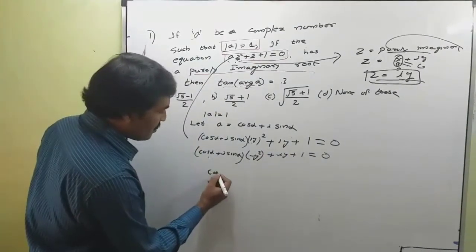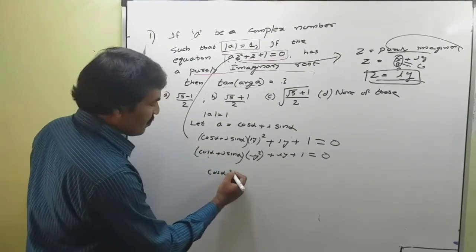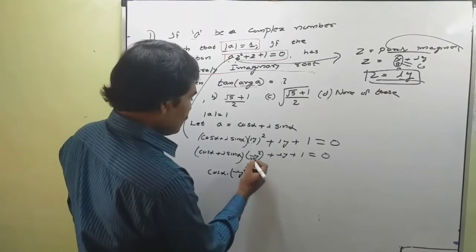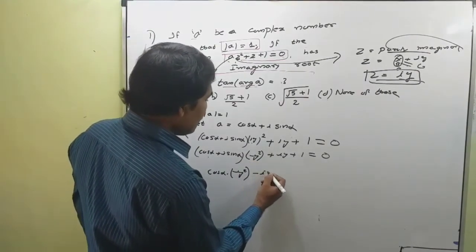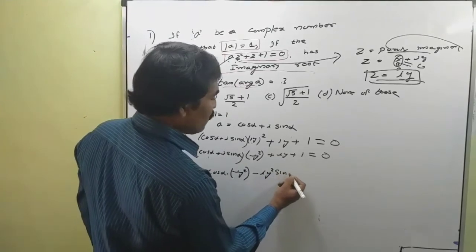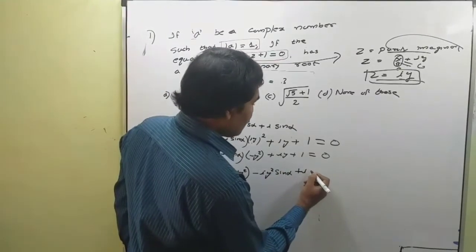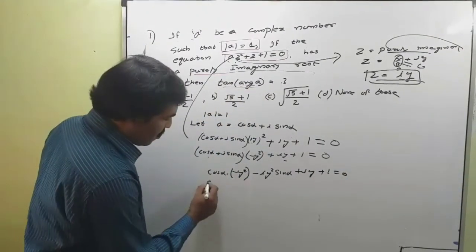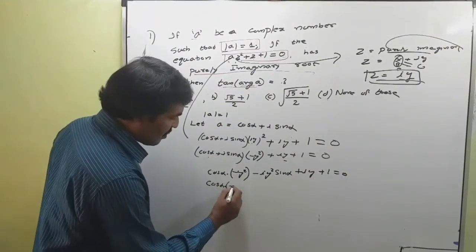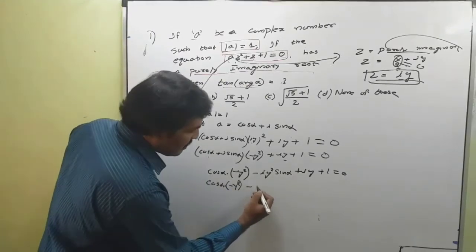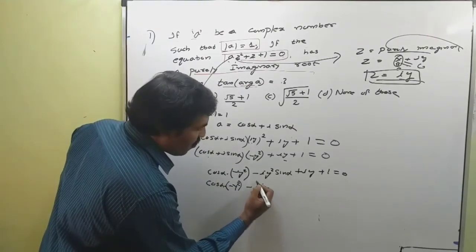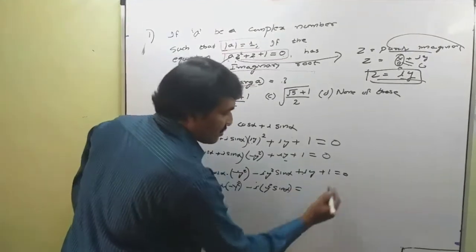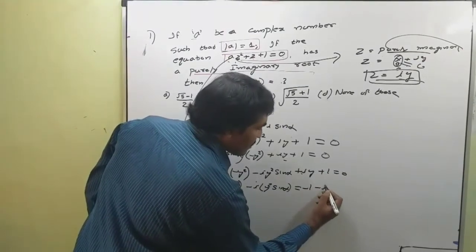0. Cos alpha into minus y square minus i y square sin alpha plus iy plus 1 is equal to 0. Taking the terms to the RHS: cos alpha into minus y square minus i into y square sin alpha is equal to minus 1 minus iy.